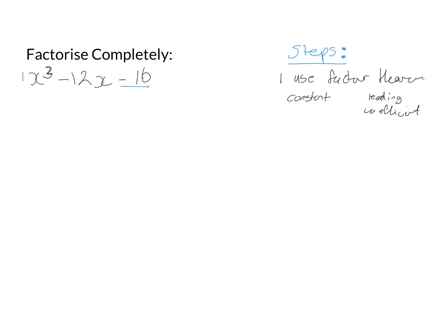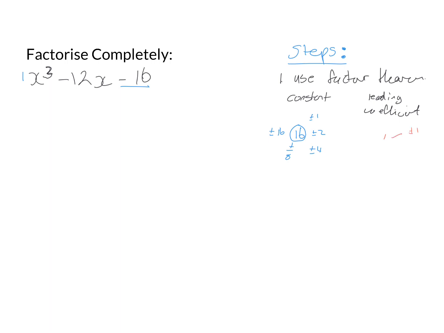So the possible factors for 16 are plus or minus 1, plus or minus 2, plus or minus 4, plus or minus 8, plus or minus 16. And the factors of 1 are pretty simple, plus or minus 1.